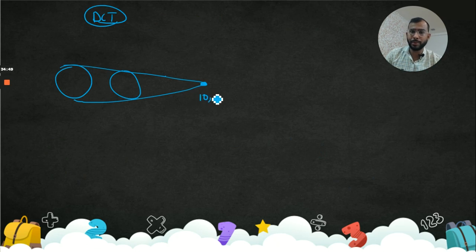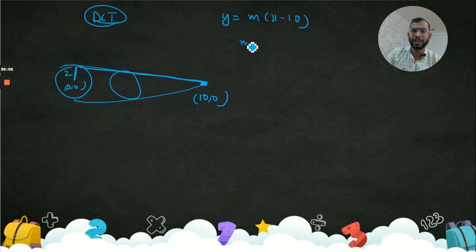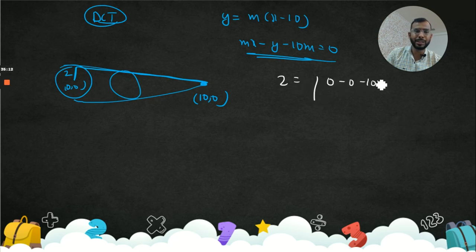So this is 10,0 and we have to write its equation. Its equation is y minus y1 equals m into x minus 10. Very easy, the same 0,0. So its equation is mx minus y minus 10m equal to 0. So let me take this point 0 comma 0 and the radius 2. Distance 0 minus 10m upon root over m square plus 1.